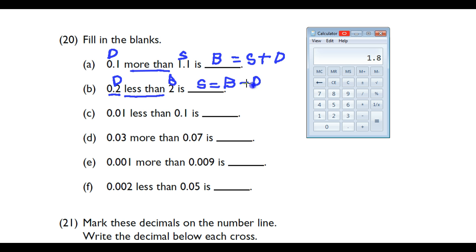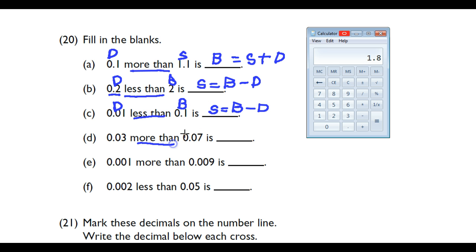Can you see? Now less than a big number, again this is the difference, and this must be the small number. How do you calculate the small number? The small number is the big number takes away the difference. It's similar to the one above.